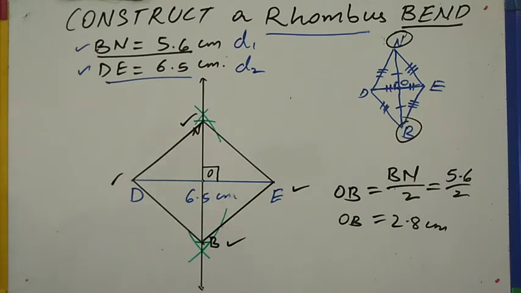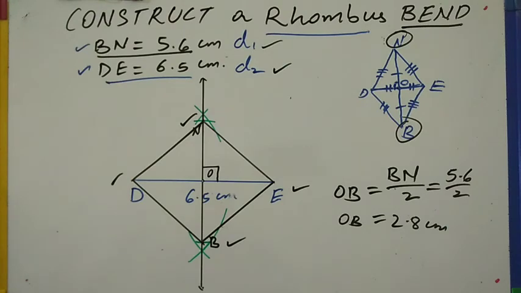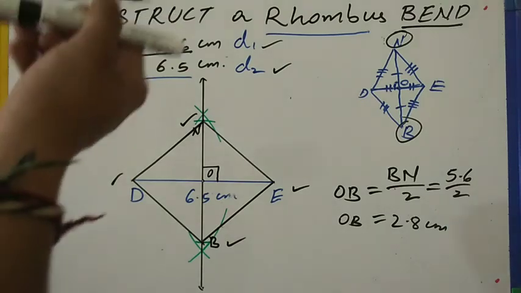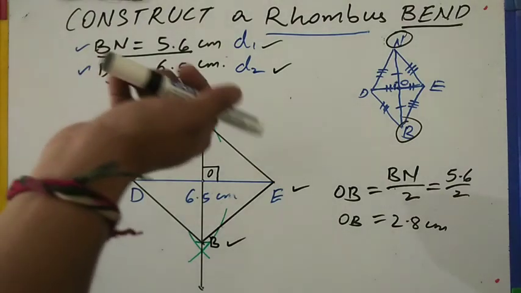So, this is how we do construction of this special type of quadrilateral called a rhombus with only two given diagonals. Okay. So, diagonal 1, diagonal 2. Steps of construction are compulsory, you need to write. I will repeat the steps of construction.